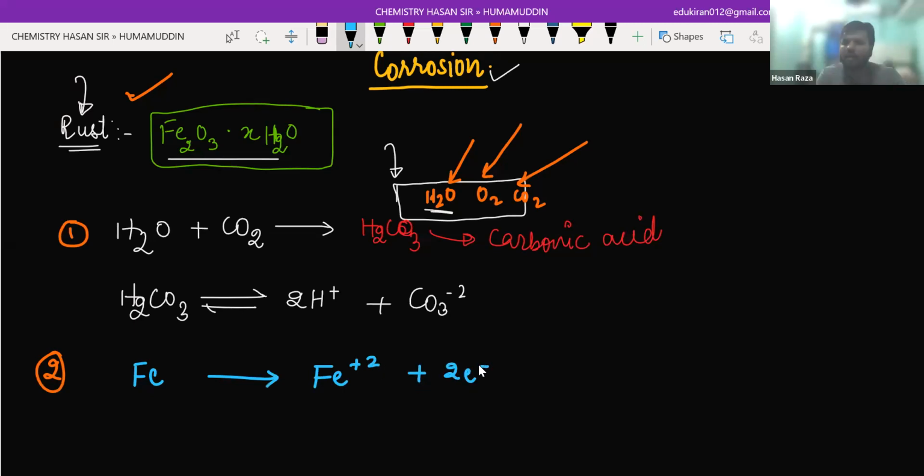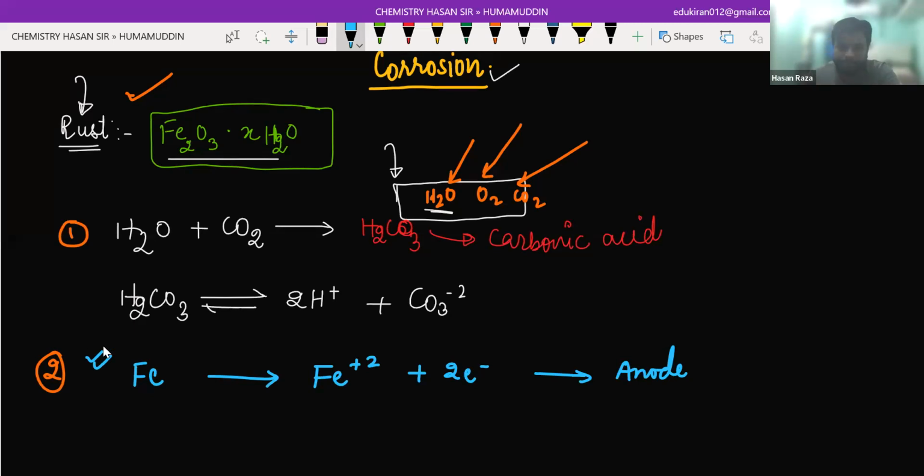Wherever in the iron block this takes place, that is known as anode, because you have studied in the electrolytic cell that at anode oxidation takes place, and you can see here oxidation is taking place. Are you getting my point, both of you?